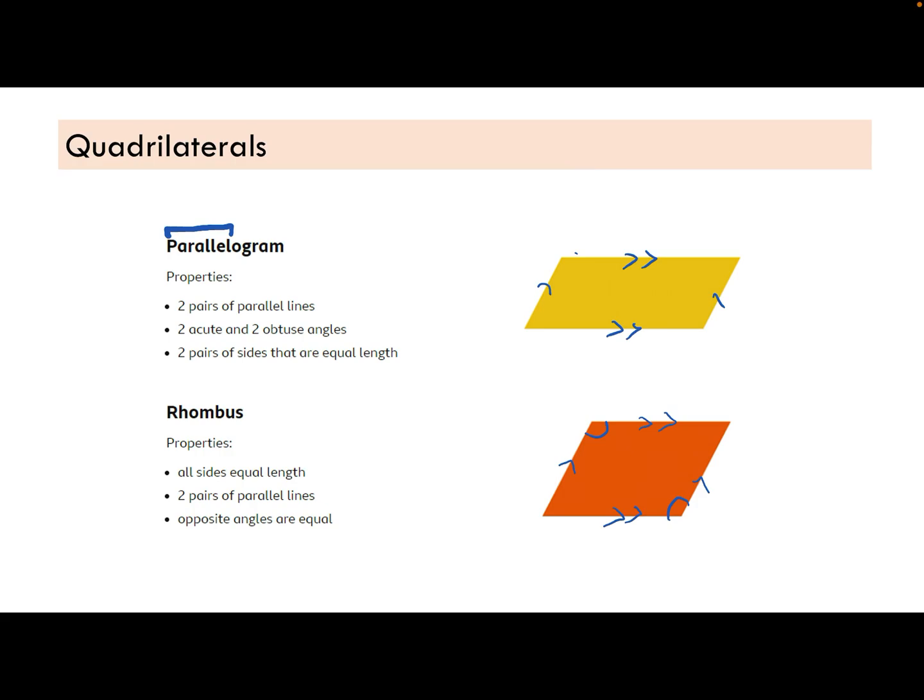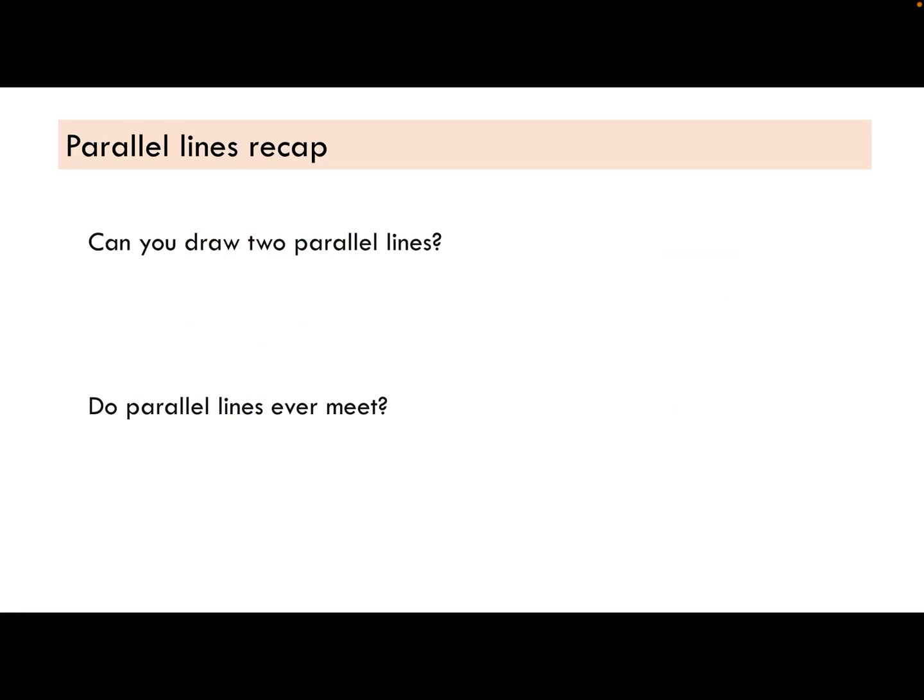And that means this angle is going to be the same as this angle. And you wouldn't normally do it like this, but I'm just going to demonstrate that those two will be the same as well. So that's a rhombus.